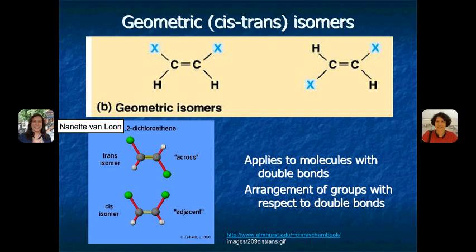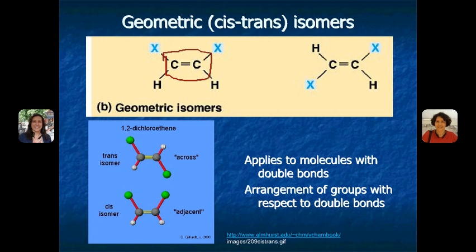A different type of isomer is the geometric or cis-trans isomer, and in those the differences are between atoms that are connected with a double bond. So we've got here 2 carbon atoms that are connected through a double bond, and then each of them have room for 2 more elements to bond with them.